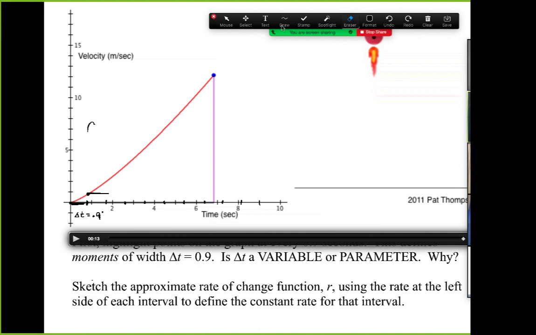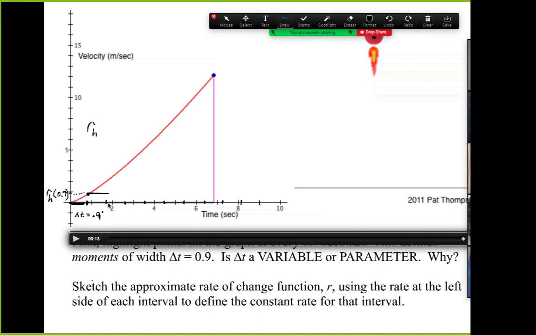R sub what? S for position. Remember we clarified not position, but the height. So R sub H probably. So this rate would be R sub H of 0.9.